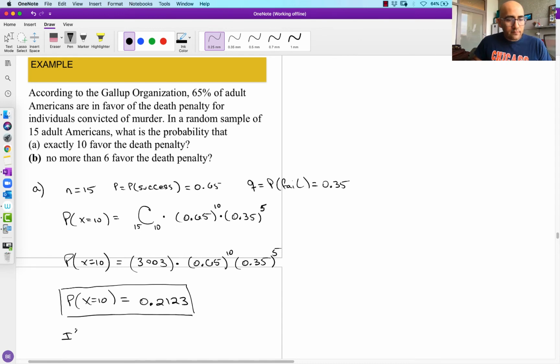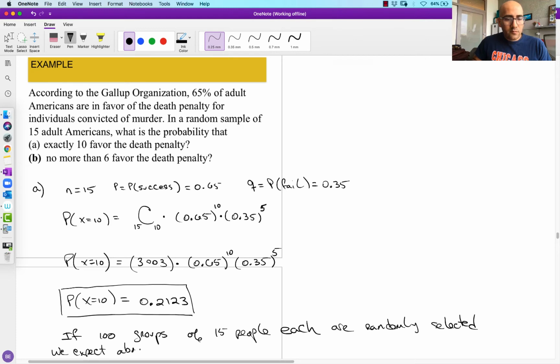So if 100 groups of 15 people each are randomly selected, we expect about 21, right?